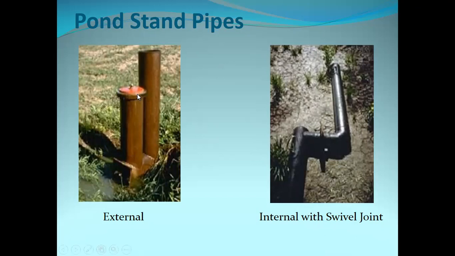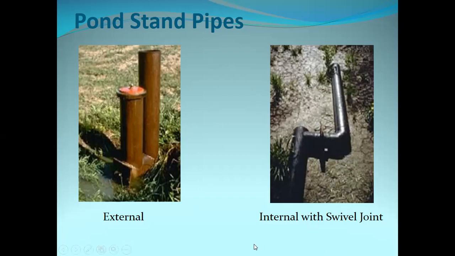You see this little red cap at the top. When you unscrew that cap, the water will drain out from the pond and exit from inside this pipe. So the cap keeps the water inside of the pond, and as soon as you open it, the water will drain out.